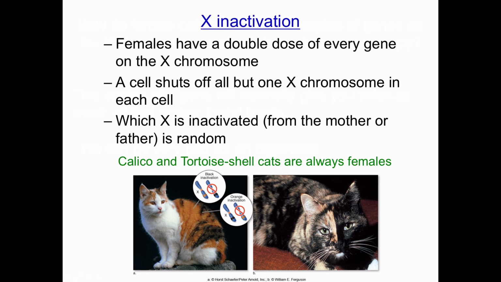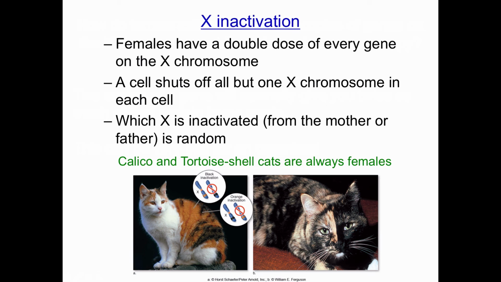So basically, if a female cat is a heterozygote for both the black and tan alleles for the coat color gene, and the coat color gene is found on the X chromosome in cats, she'll inactivate her X's randomly and at different times during development. And the result would be alternating black and tan or black and orange fur, depending on which X's have been inactivated.